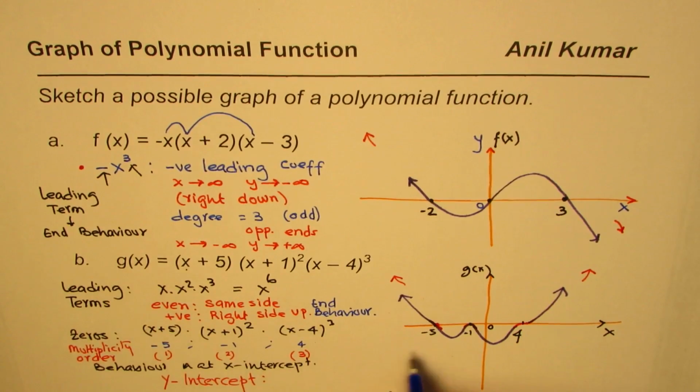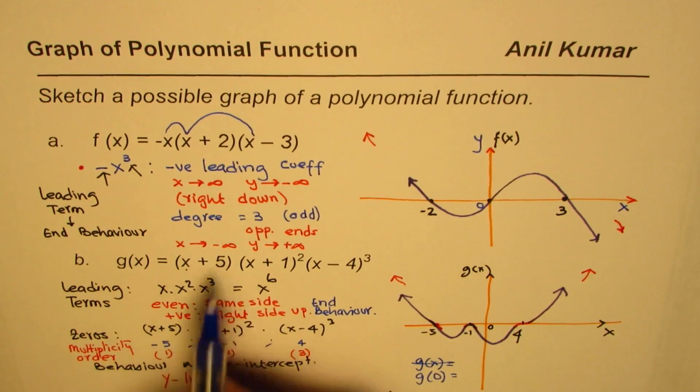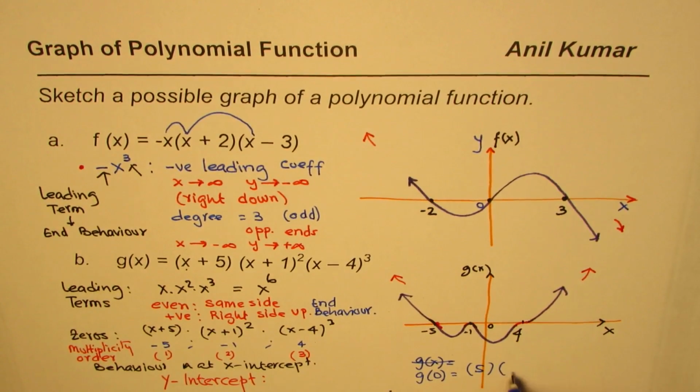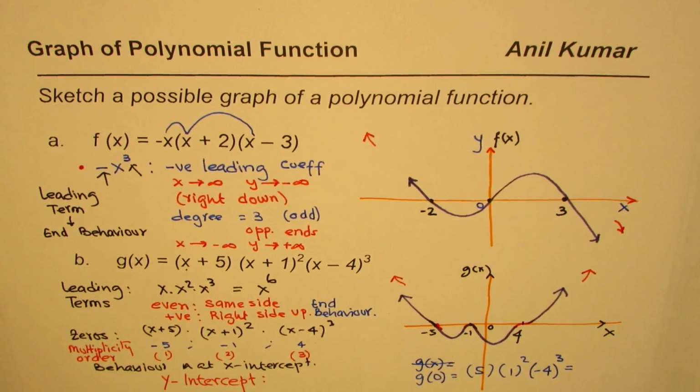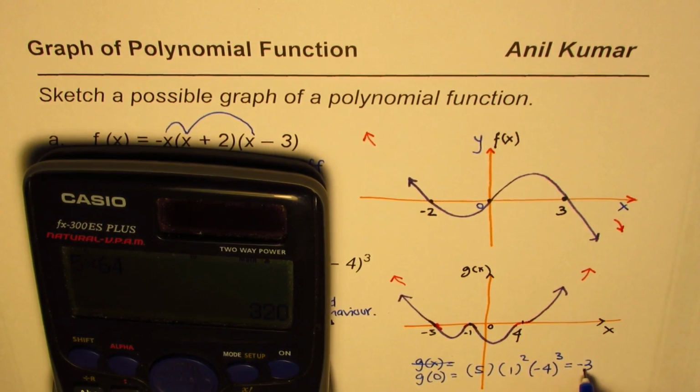So in this case, let us calculate the y-intercept. Here g of x, we know what it is, but what is g of 0 equal to? That is the y-intercept. Substitute 0 here, so we get 5 times 1 squared times minus 4 cubed, correct? So minus 4 cubed is a negative number, which is minus 64, times 5. You can use the calculator and say 5 times 64 is 320 with a negative sign, okay?